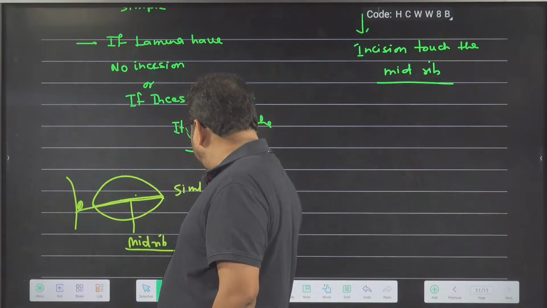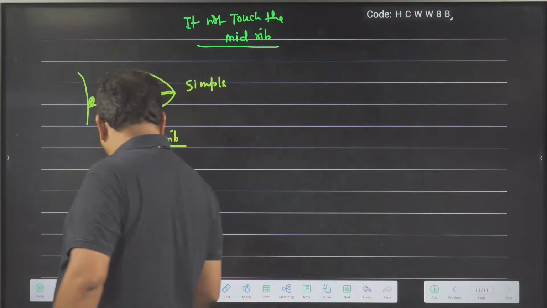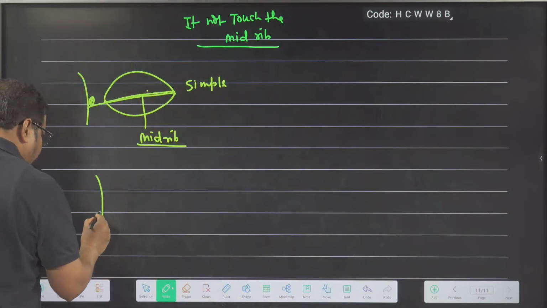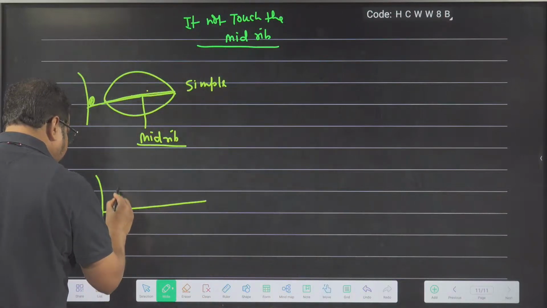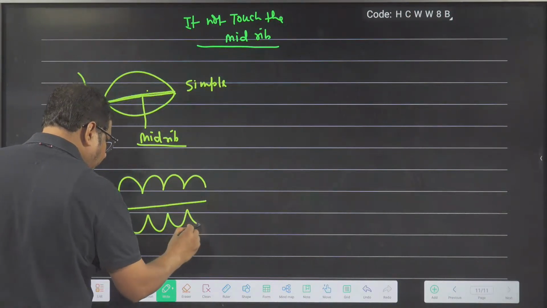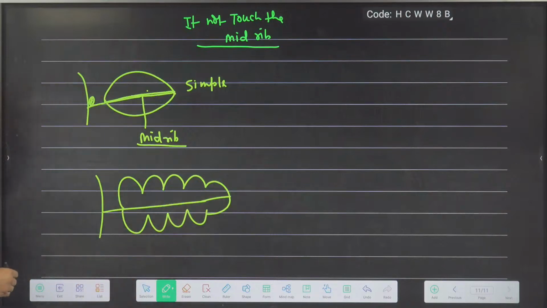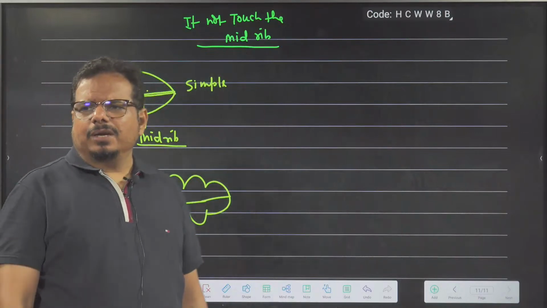Simple. Another diagram I am making for checking you. Either it is simple or compound. See, this is a leaf. Tell me, is it a simple leaf or compound leaf? Tell me, the second one is a simple leaf or compound leaf?